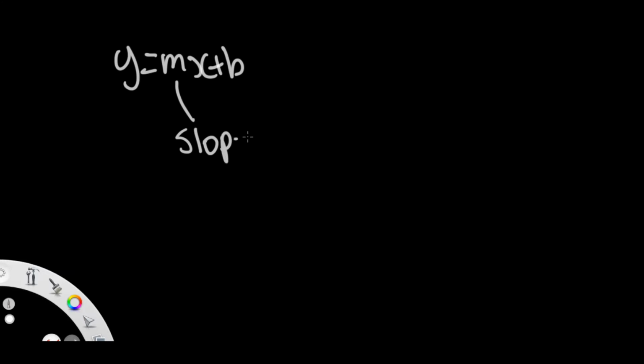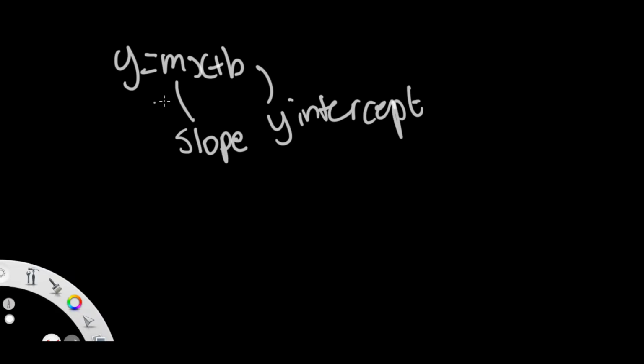Slope-intercept form, or y is equal to mx plus b, which you might have heard before. In slope-intercept form, m represents the slope, b represents the y-intercept, and y and x represent the coordinates.